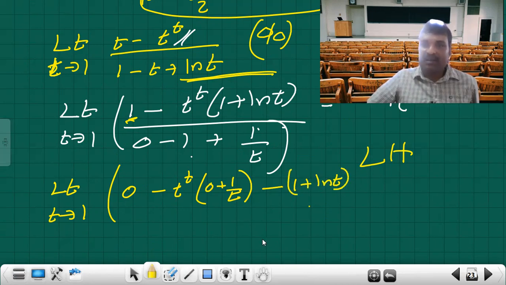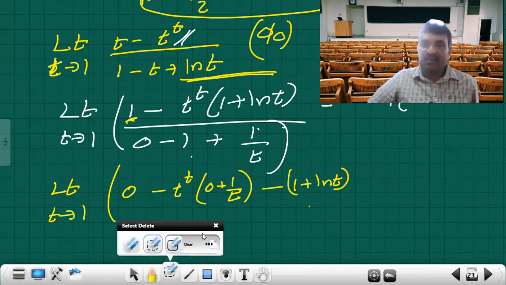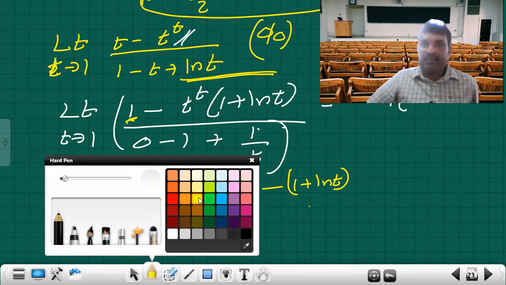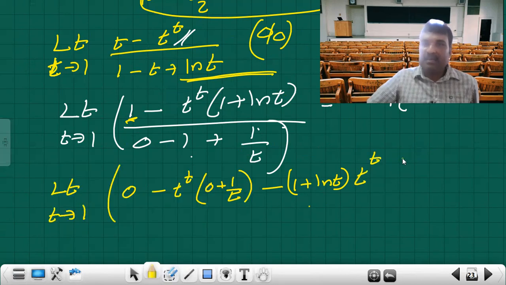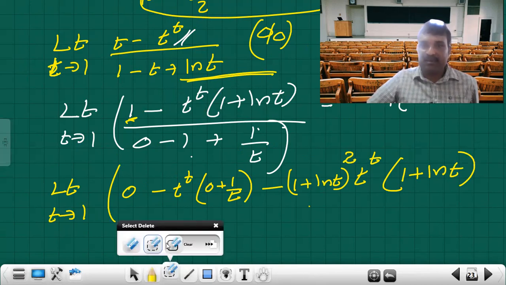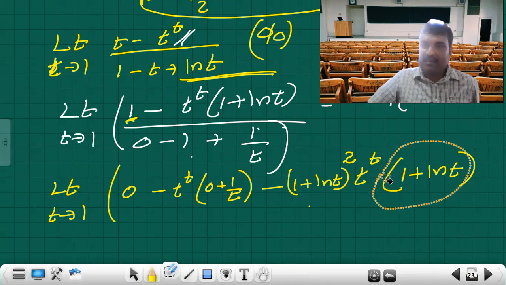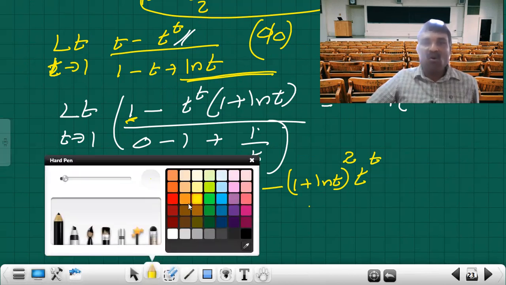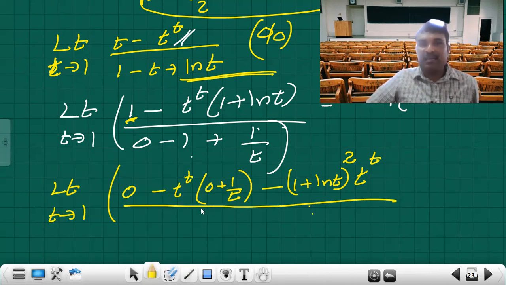The derivative of t raised to t, that we can write as t raised to t into 1 plus ln t. So this 1 plus ln t becomes a square. All divided by derivative of minus 1, which is 0. Derivative of 1 by t is minus 1 by t square.